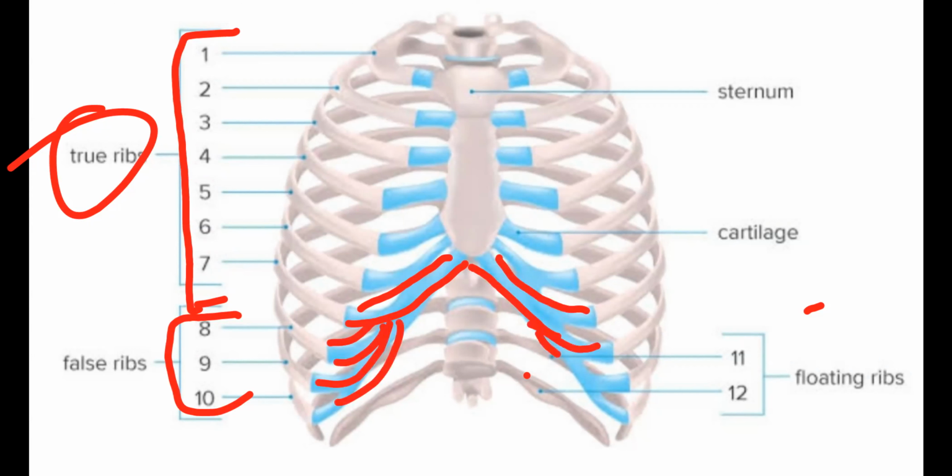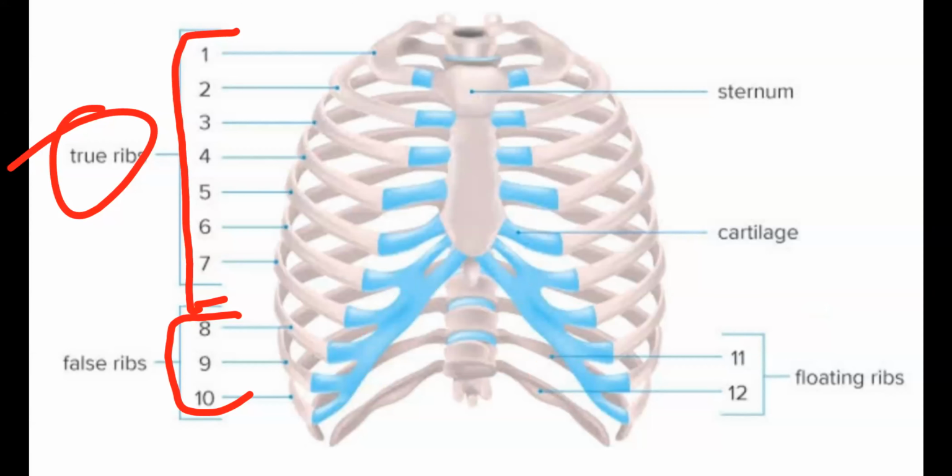If you see carefully, so they are called as vertebrochondrial ribs. अब इसको vertebrochondrial ribs क्यों कहते हैं? Back side they have attachment with the vertebral column, but front side they are not attached to sternum, so they cannot be called as vertebrosternal ones, but they are called as vertebrochondrial. Chondra is for cartilage, so आगे आके cartilage से attach होते हैं, not to the sternum.